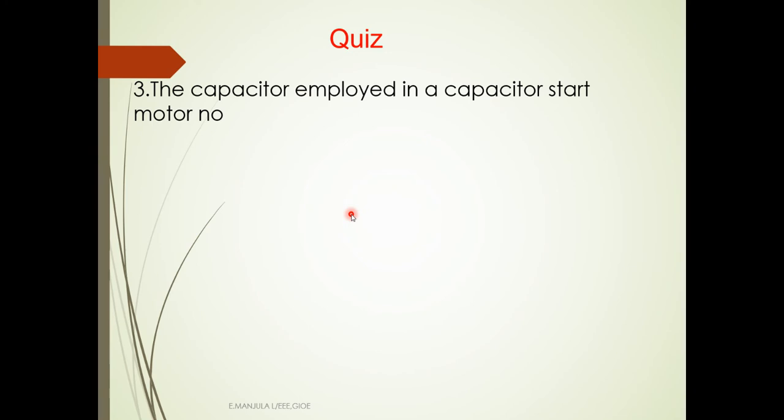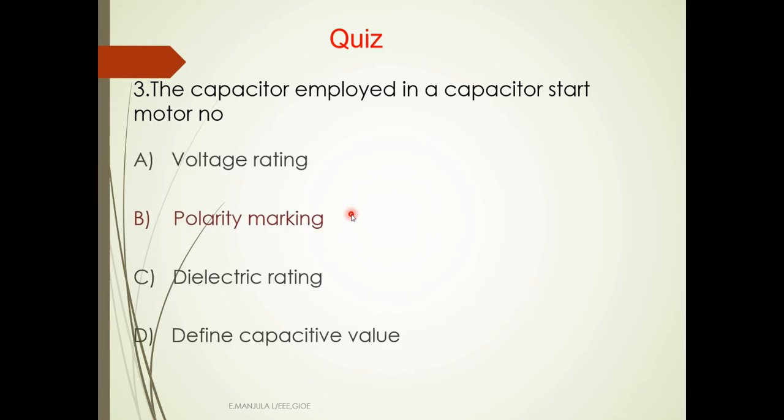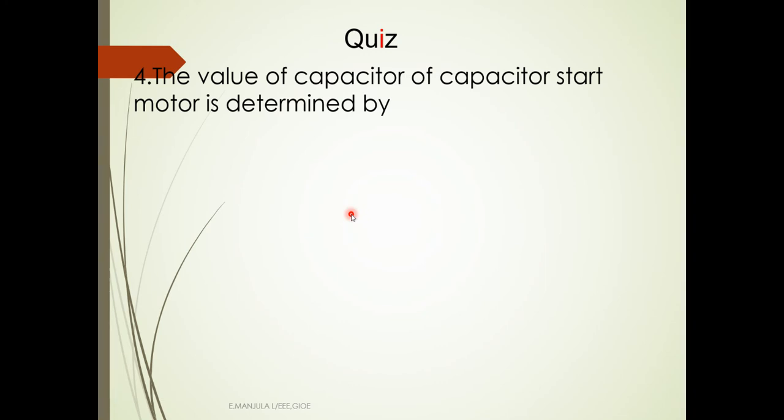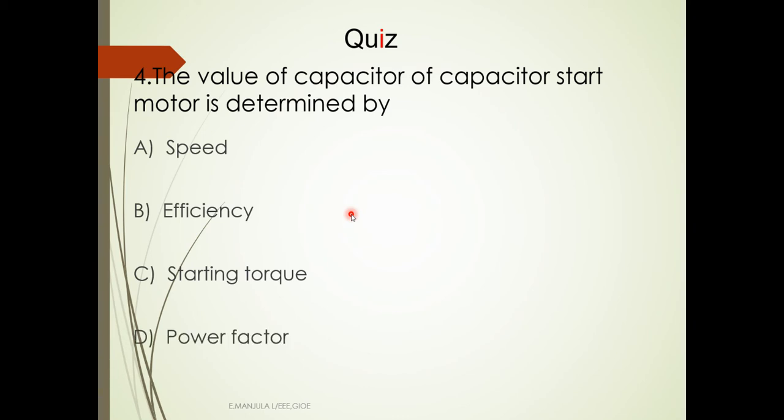The capacitor employed in a capacitor start motor has no polarity marking. The value of the capacitor of a capacitor start motor is determined by its starting torque, because we are using it for starting only.